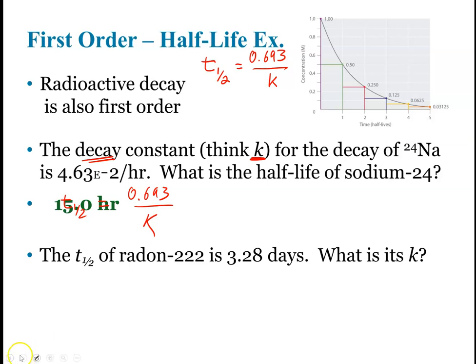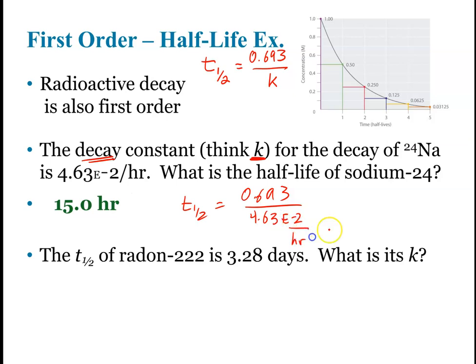So t1/2 would be 0.693 over 4.63 times 10 to the negative second per hour. That number would then be 15.0, and then hours would come up into the numerator. So it would take 15 hours for half of sodium-24 to decay.